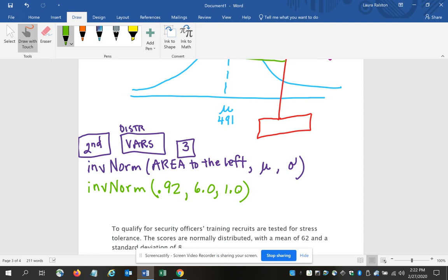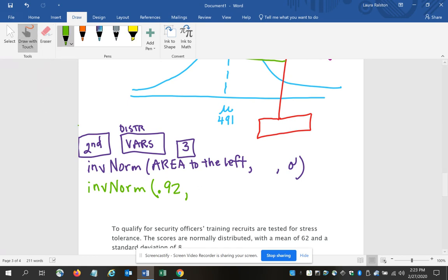So if I do that on my handheld calculator, I get a value. Oops, I'm sorry, I got the wrong mean and standard deviation in there. I reverted back to that other problem, didn't I? Alright, so let me fix that.